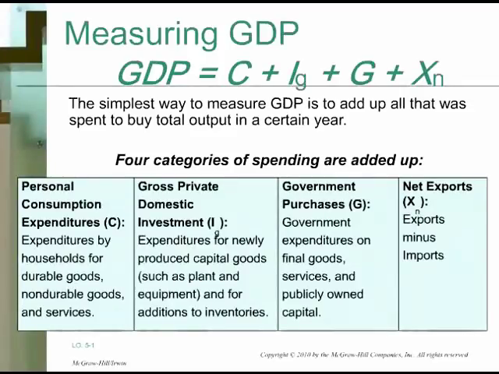Gross private domestic investment, or IG, are expenditures for newly produced capital goods, such as plant and equipment, and for additions to inventories. Government purchases, or G, are government expenditures on final goods, services, and publicly owned capital. Finally, net exports, or XN, are exports minus imports. Thus, GDP can be computed as C plus IG plus G plus XN.